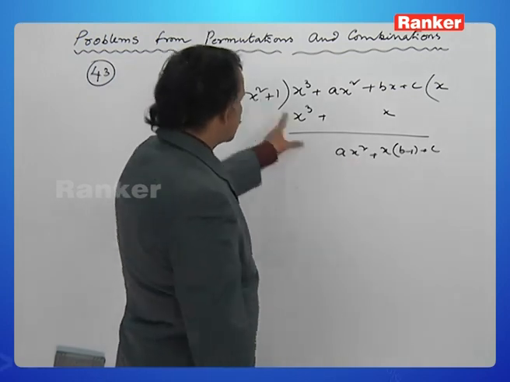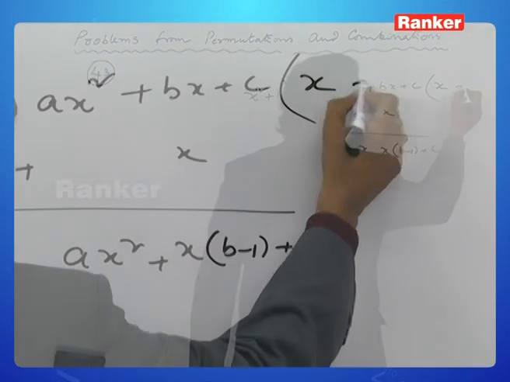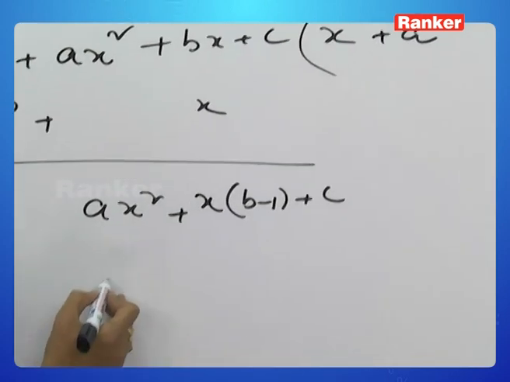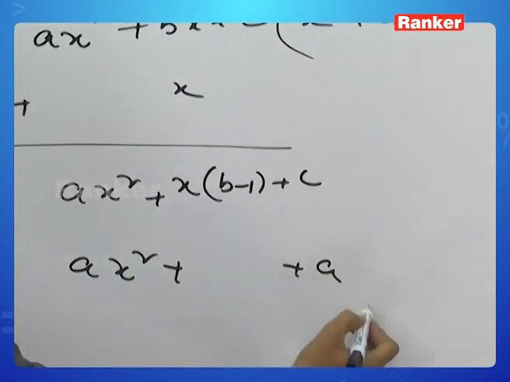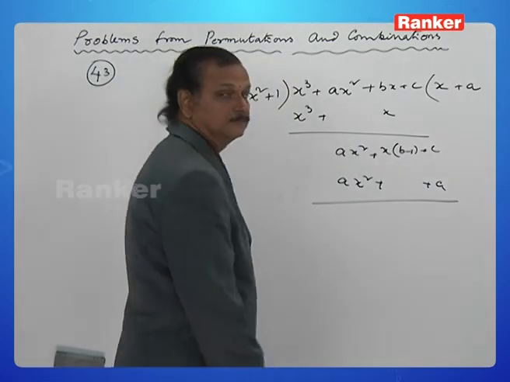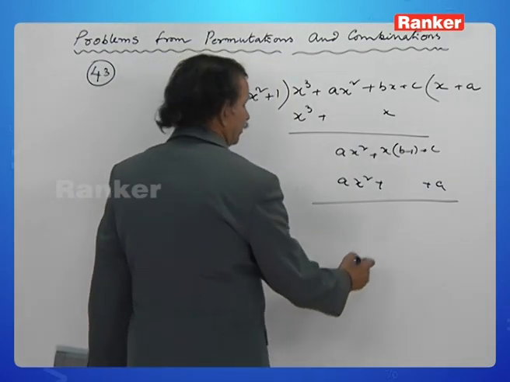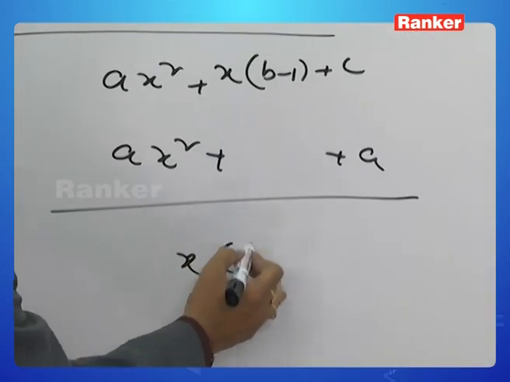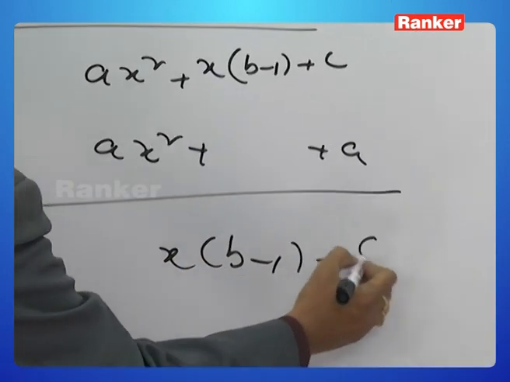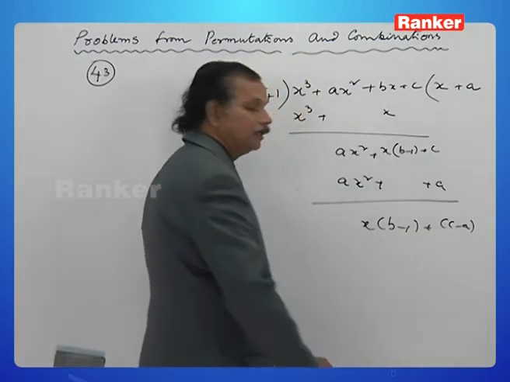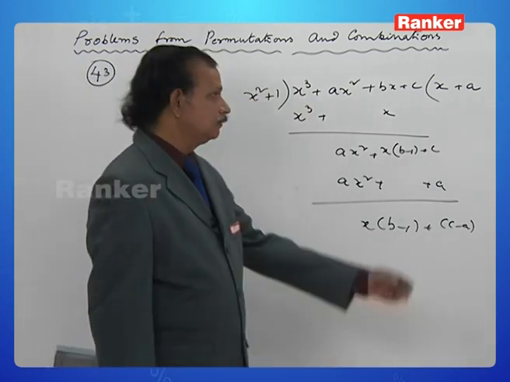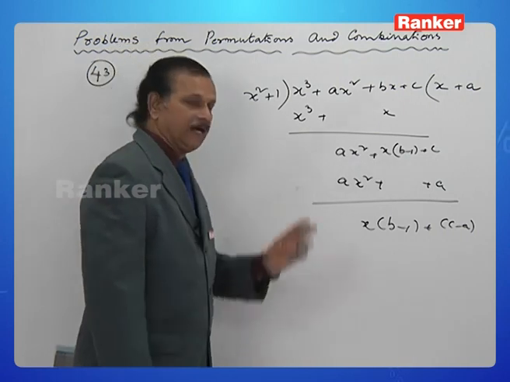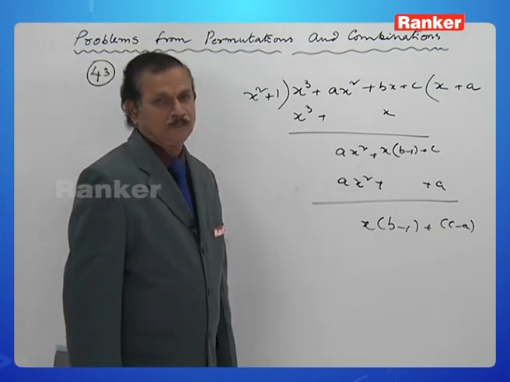Again, this is ax square, this is x square, a times x square plus 1 is ax square plus a, subtract. What are you going to have? x into (b minus 1) plus (c minus a). This is the situation when this polynomial is divided by x square plus 1.